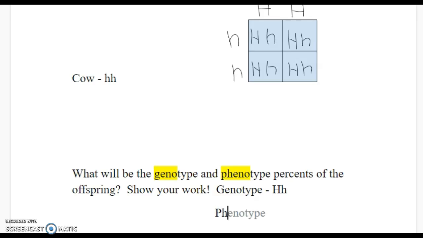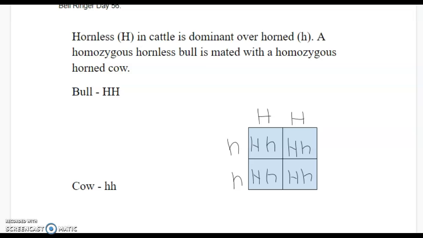So the phenotype for each of those offspring, and we have big H, little h. Big H is dominant, so the dominant trait up here told us that big H was hornless. If you have an allele for that dominant trait, that's what's going to show up. That's what makes it dominant. Even though there's an allele there for the recessive trait of being horned, the recessive trait will not show up in the presence of the dominant trait.